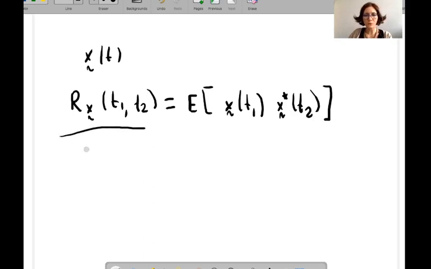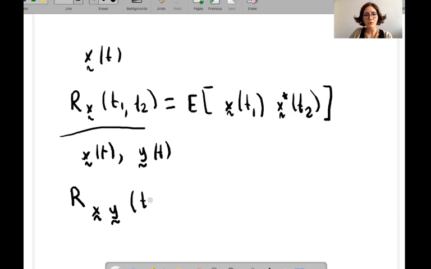Now we have two random processes, one x of t and one y of t, and we would like to generalize this definition. The notation is actually quite natural. R is again for the correlation function. You put the name of the first random process and then the name of the second random process. You have two time instances as before, since the function is about two random variables, as in the previous case. The convention is the following: when you see t1, it refers to the first random process x, and when you see t2, it refers to the second random process.